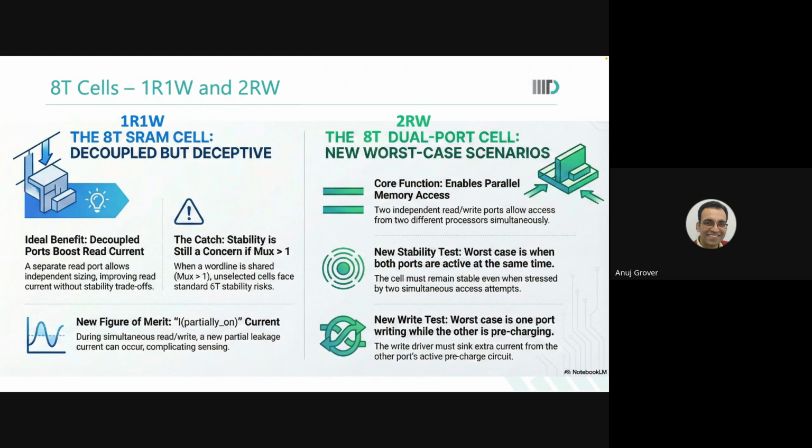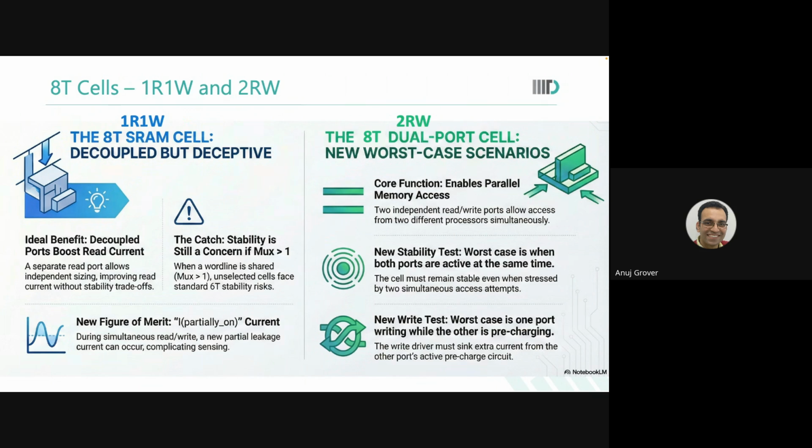So first, as Prachi mentioned, there is a clear thing that there are two read-write ports. Both ports can be accessed in parallel, just like here. We access both the ports in parallel with different address locations. In the same way, the regular or two read-write 8T cell can also be accessed in the same way.